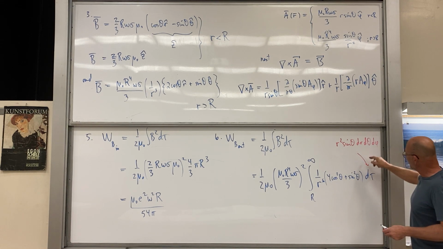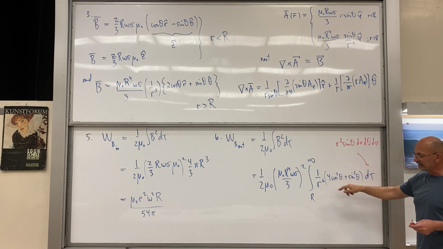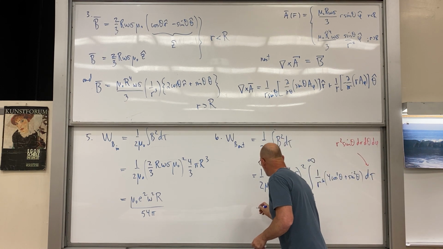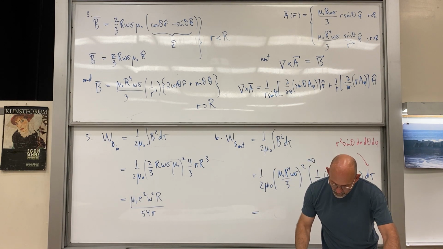So we'll pick up the 2 pi trivially here. The r integral's easy. This one takes a little more work, but it's not that bad. So I'll go straight to what we obtained. There's a few steps there.